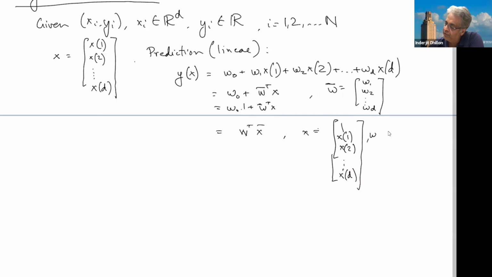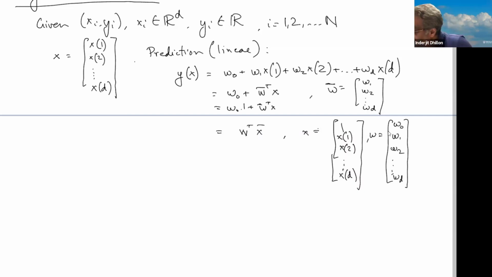And W is going to be equal to W naught, W1, W2, WD. And I've written them next to each other, right? So the definition of an inner product in linear algebra is that you basically take the corresponding coordinates and you add them up, right? So it's W naught plus W1.